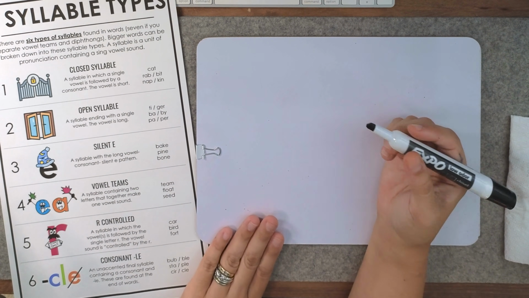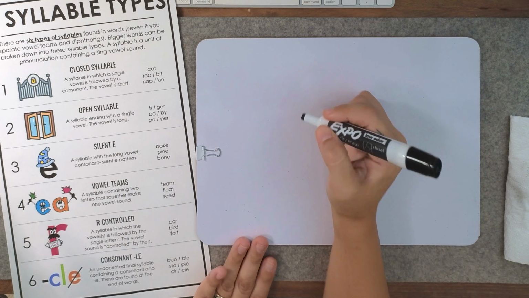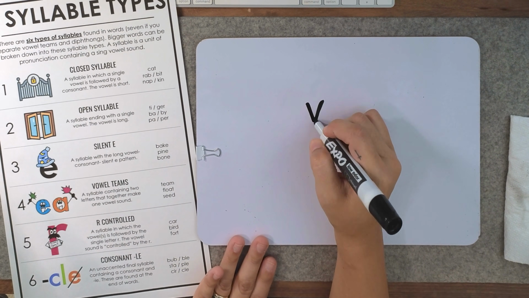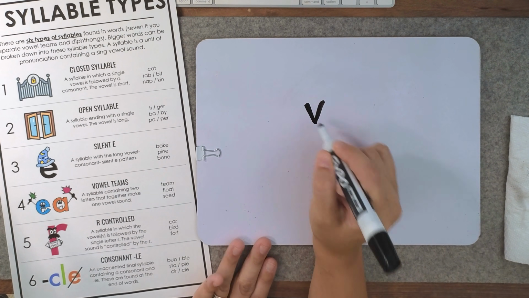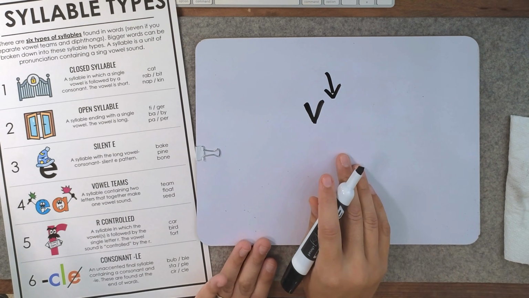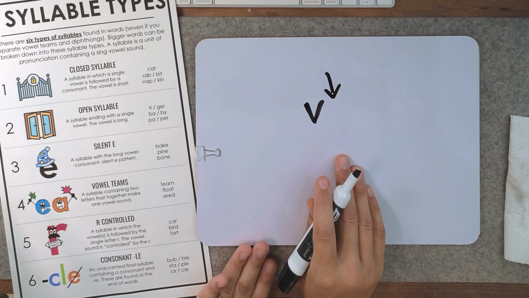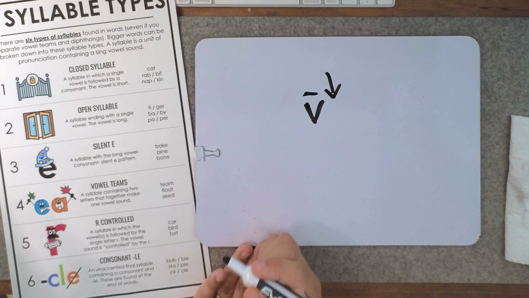Now, an open syllable is the opposite. Whereas in a short vowel, if we have a vowel in a syllable which is just by itself, there is really nothing after it, that's the critical piece, and it's one syllable, that vowel is going to be long.